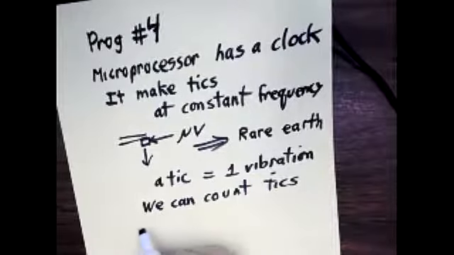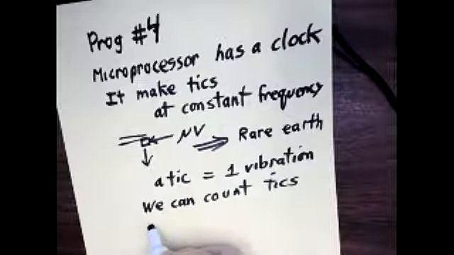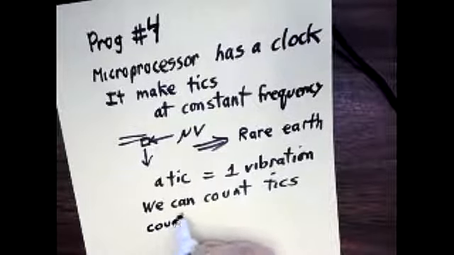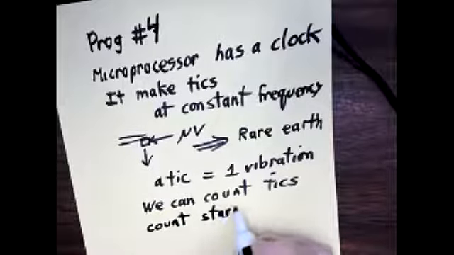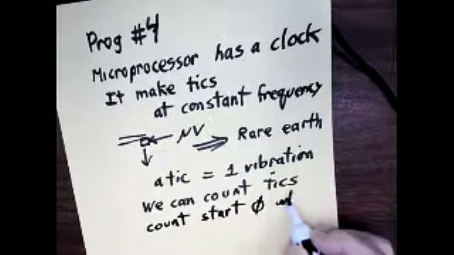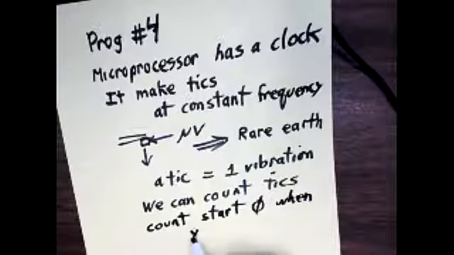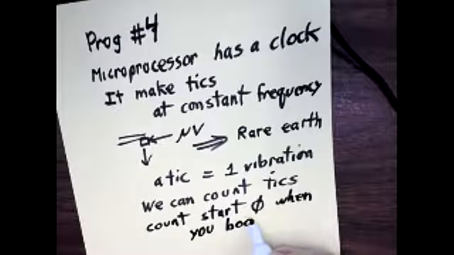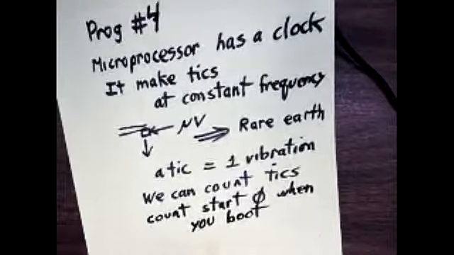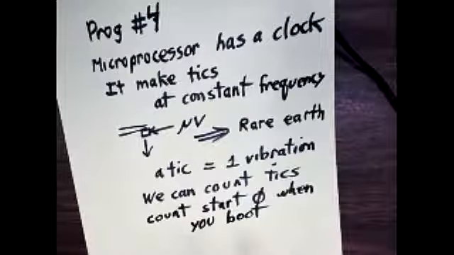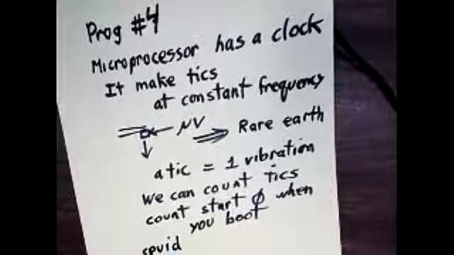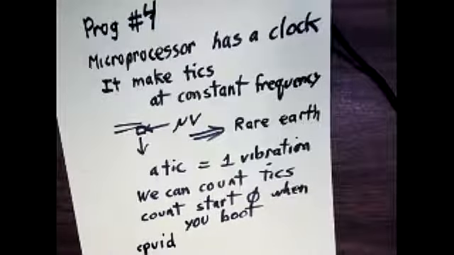It starts counting at 0 when you boot up. To get the count number out of the microprocessor, we use two assembly instructions: CPUID, followed immediately by RDTSC.